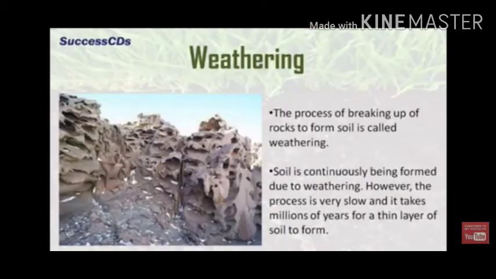Then, soil was formed. The process of breaking up of rocks to form soil is called weathering. Soil is continuously being formed due to weathering. However, the process is very slow and it takes millions of years for a thin layer of soil to form.